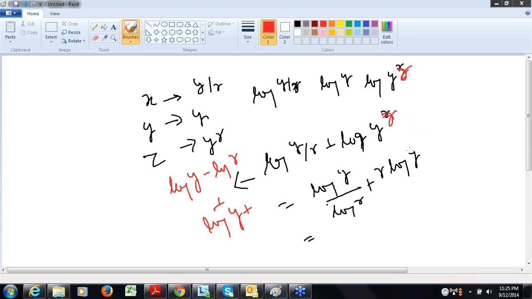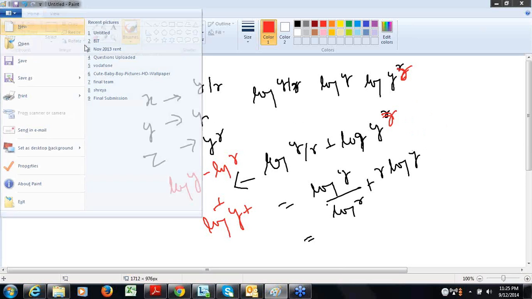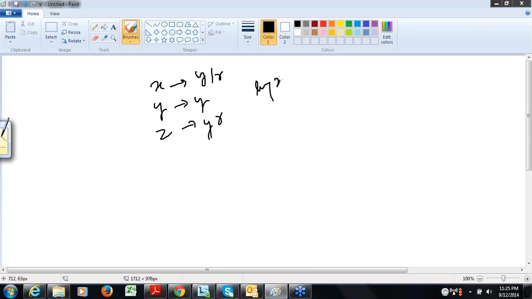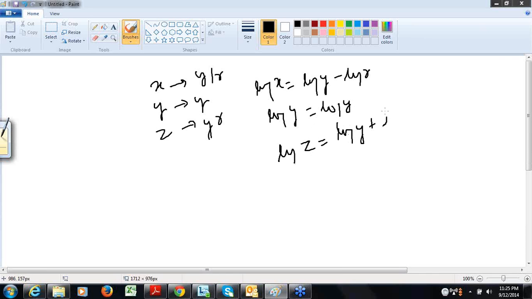Let me erase all the drawing. Okay, so x, y, z: it's y by r, y, yr. So log x is equal to log y minus log r, log y is equal to log y, and log z is equal to log y plus log r.